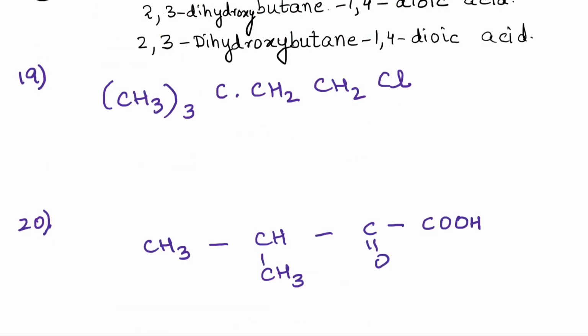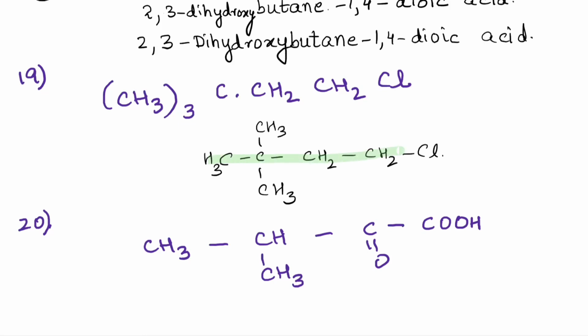So let us start with question number 19. So how do we make it easier to name? Yes, we will spread out the carbon chain, especially the 3 methyl groups which are attached to the carbon. And what's our next step? Yes, we are going to take the longest chain of the carbon atom.